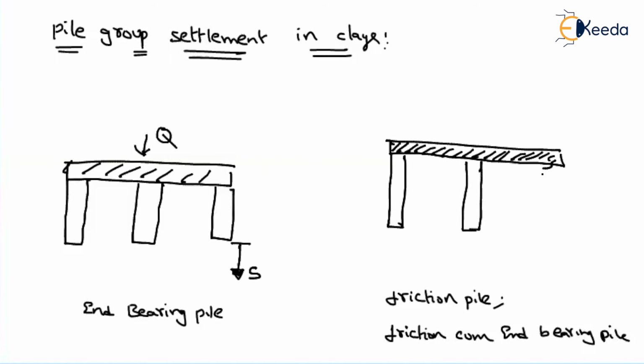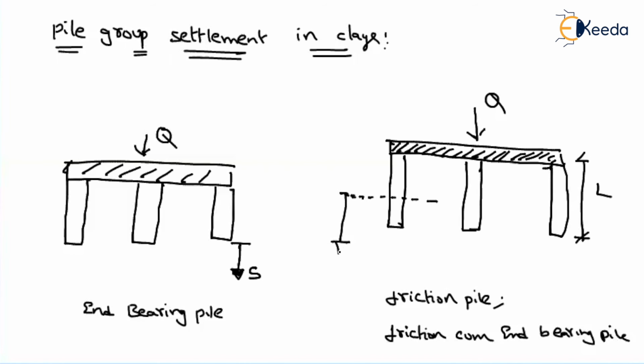Let us consider the pile cap, and you are applying some load Q, and let us assume the length of the pile is L. So if it is a friction pile or friction cum end bearing pile, you have to measure the settlement from the lower 1/3 distance. So from the bottom of the pile, measure 1/3 of the length, and from that point we have to measure the settlement.